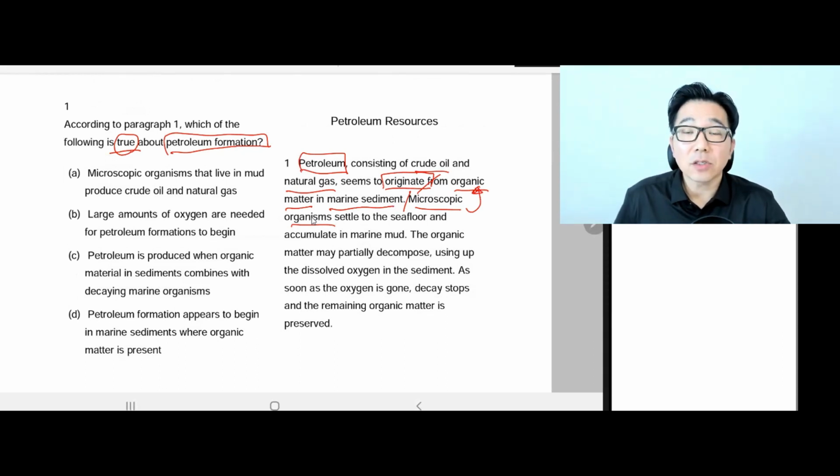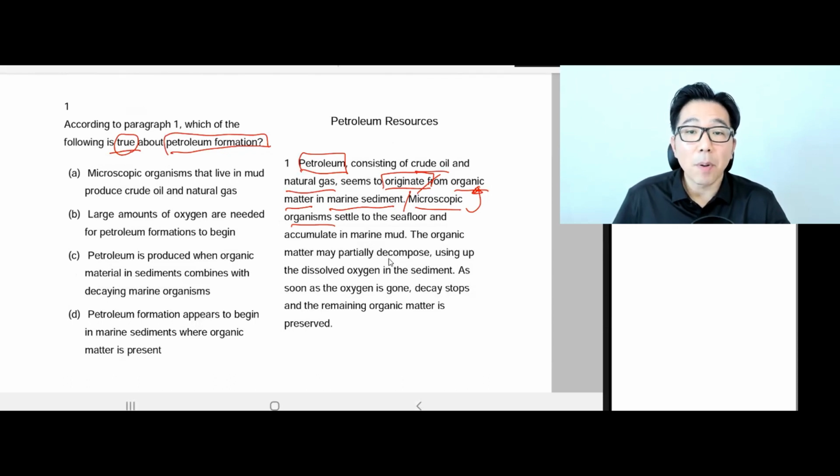Okay. All right. So organic matter or microscopic organism, whatever you want to call it, settle to the seafloor. Okay, so it becomes marine sediment and accumulate in marine mud. Got it. So this may partially decompose. Okay, so it may partly get rotten.